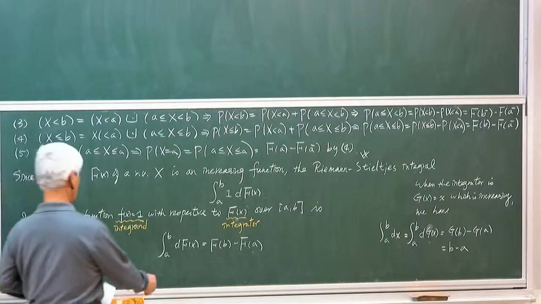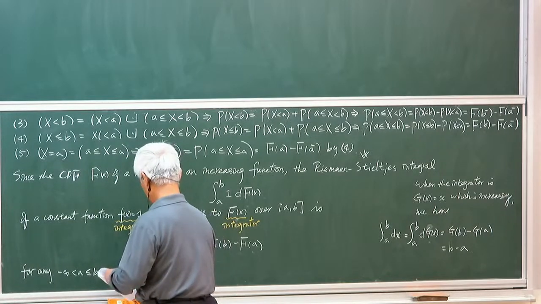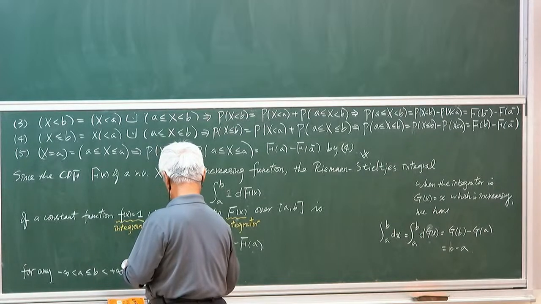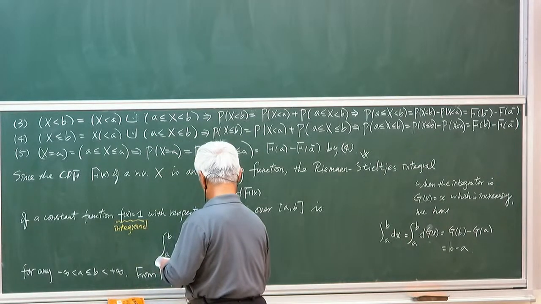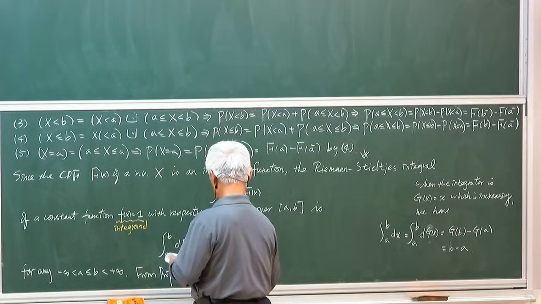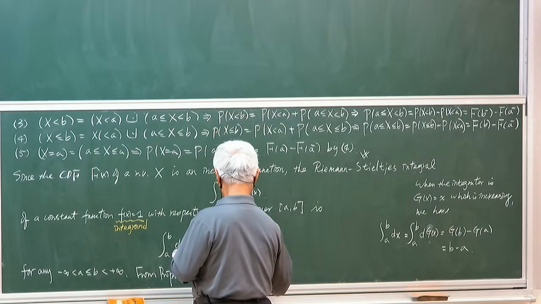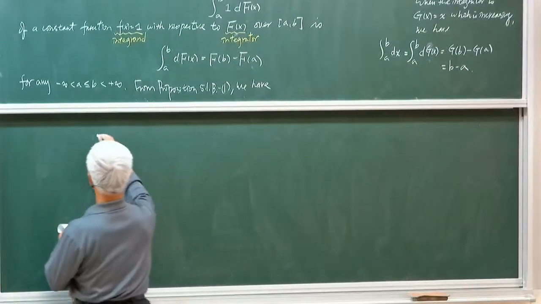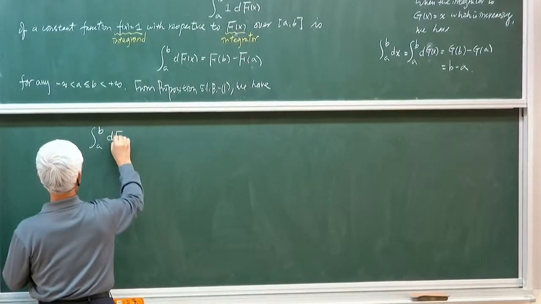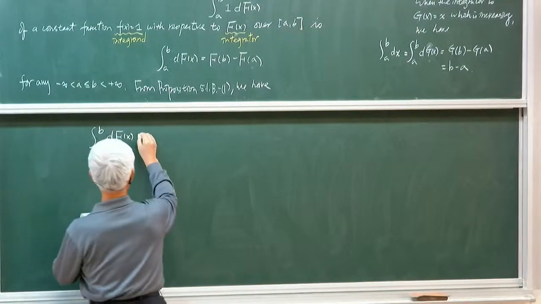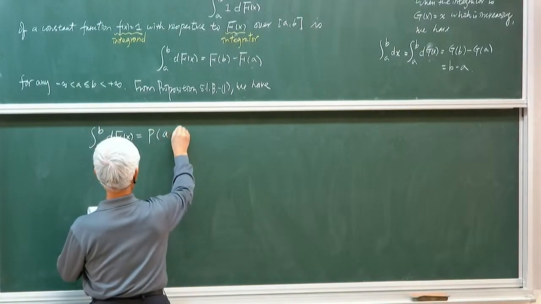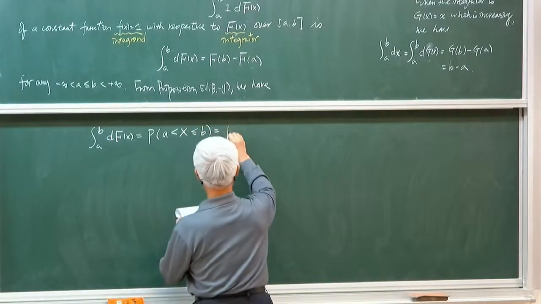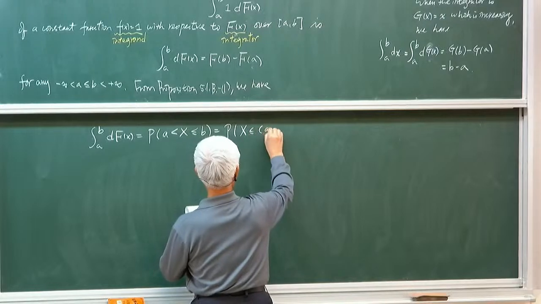Okay. So from Proposition 5.1.B-1, we have this Riemann-Stieltjes integral equal to the probability that a is less than X less than or equal to b, so it's the probability that X is in (a, b].